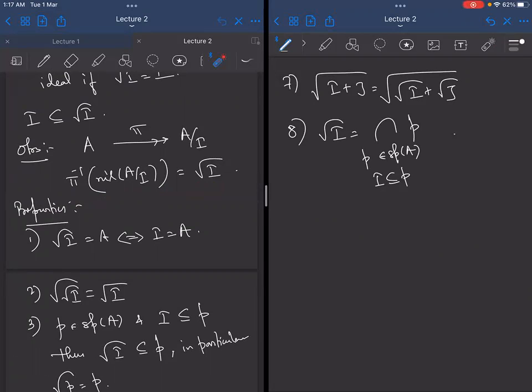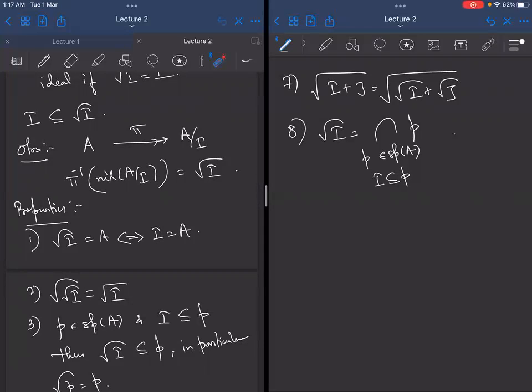Okay, so this is what I wanted to at least say as an introductory remark about radicals. So having done some amount of theory for radicals, we have talked about the Jacobson radical, the nil radical, and in general the radical of an ideal, connecting them to the nil radical in general.